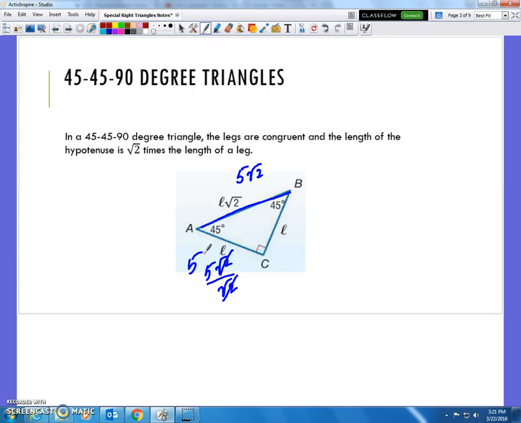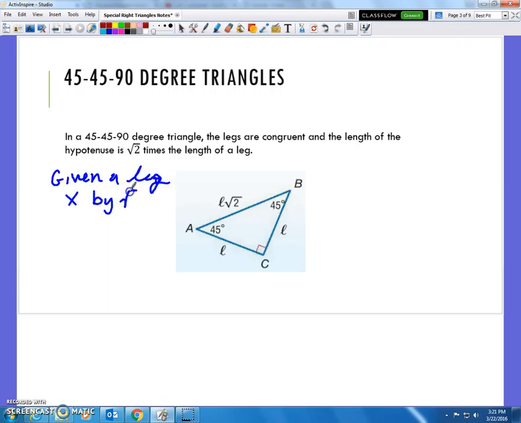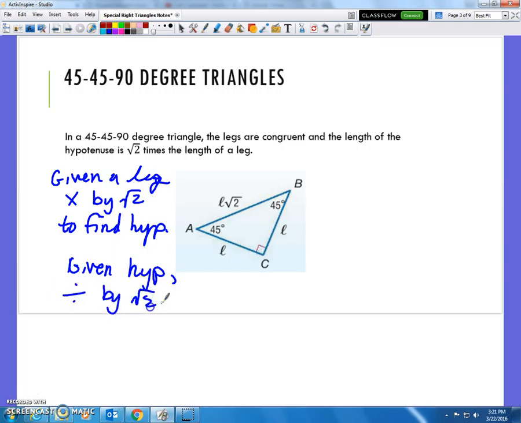So I want to sum this up for you real quick, make sure we're all clear on this. Given a leg, multiply by root 2 to find the hypotenuse. Given a hypotenuse, divide by the square root of 2 to find the length of a leg.